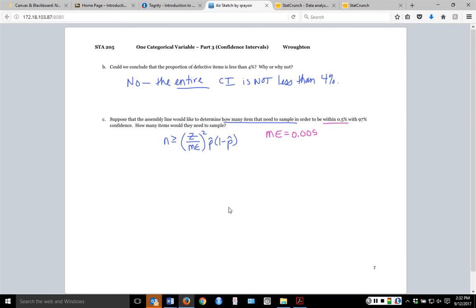So let's find our z. So this time 97% is put in the middle. So that means 1.5% is put on either side. We're going to go to the table looking for everything to the left of that question mark, which this time is 0.9850.